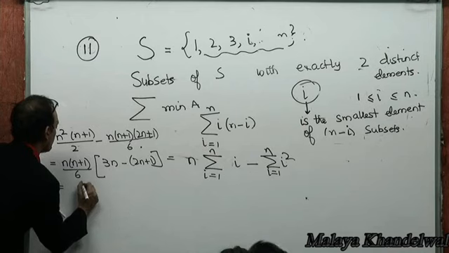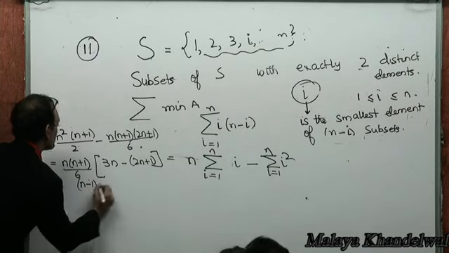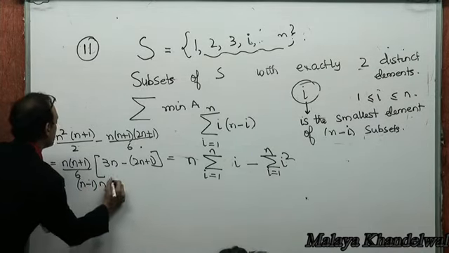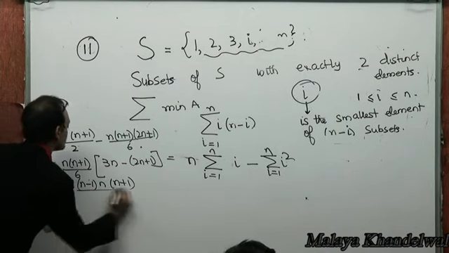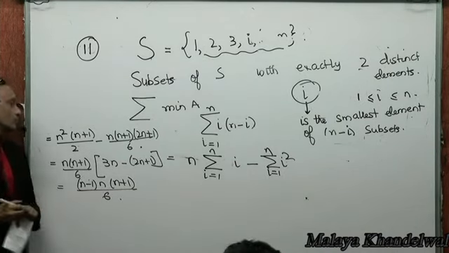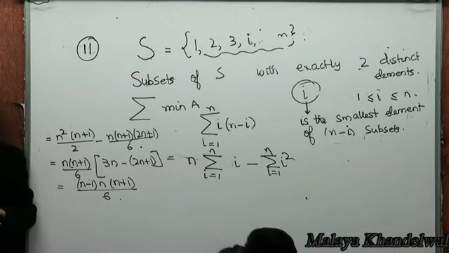So n minus 1 into n plus 1 into n by 6. Yes or no? Right? Clear?